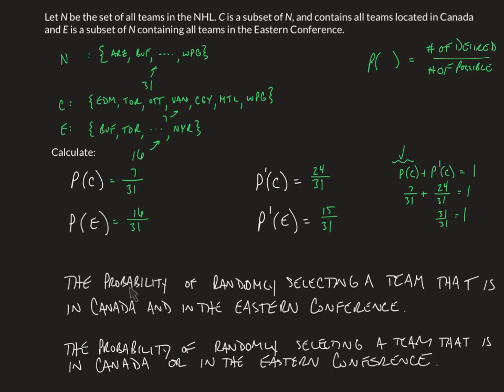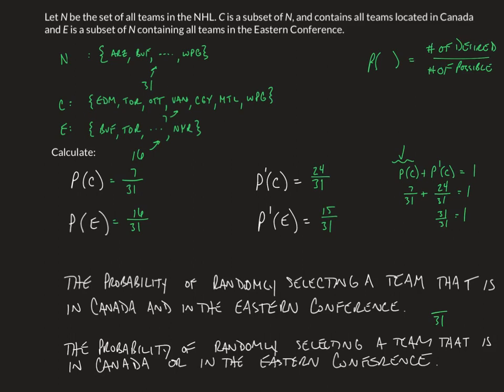So if you're asked to find the probability of randomly selecting a team that is in Canada, so in set C, and is in the Eastern Conference, so in set E, what would its probability be? Well, logically, we can reason our way through this, and that would have to be out of 31 teams, and that's going to be all the teams that are both Canadian and in the Eastern Conference.